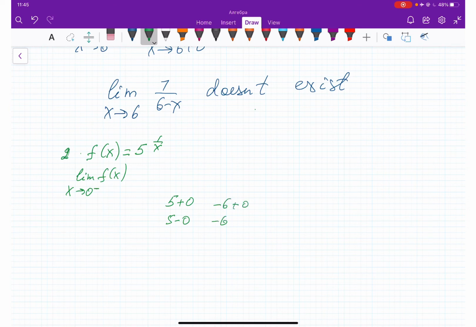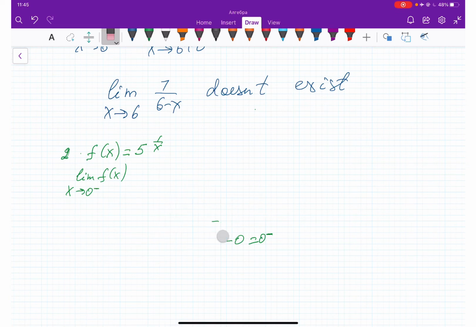From the left side, negative 6 minus 0. But when the limit is approaching 0 from the left side, we don't put 0 minus 0. We just write negative 0, or I put 0 with a minus from the left side, and 0 with a plus from the right side. Okay?